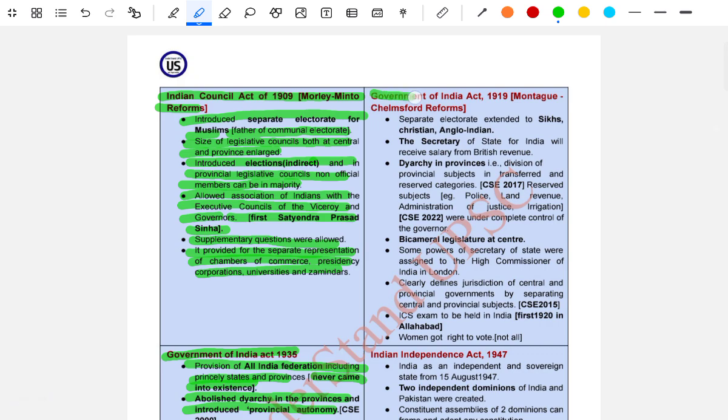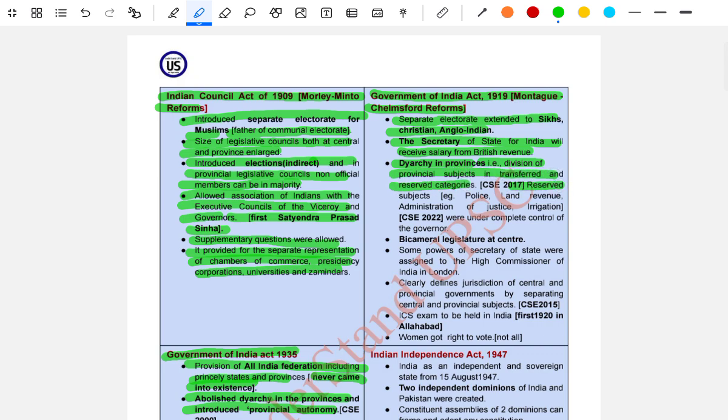The Government of India Act 1919, Montagu-Chelmsford Reform. The separate electorate was extended to Sikhs, Christians and Anglo-Indians. The Secretary of State for India would receive salary from the British revenue. Diarchy in the provinces: division of provincial subjects into transferred and reserved categories.